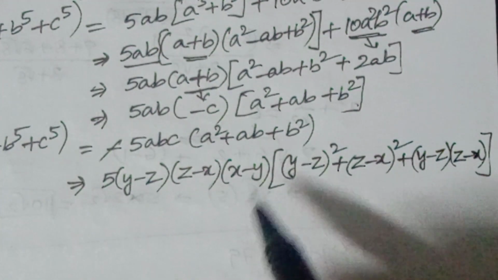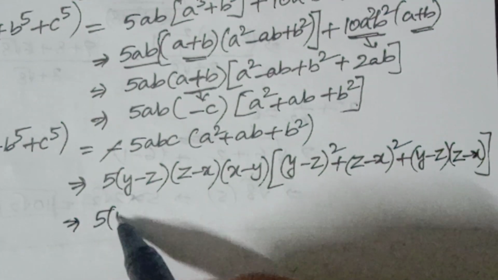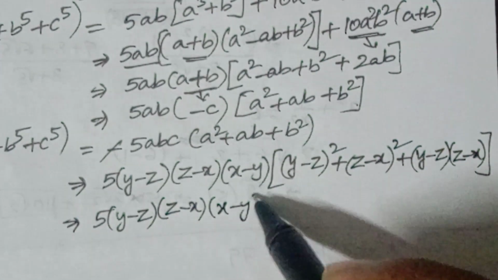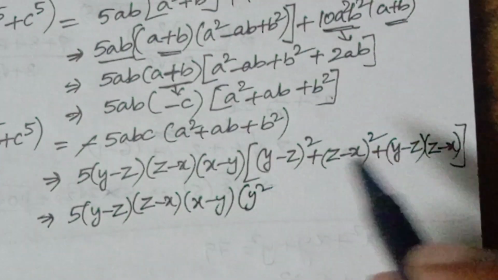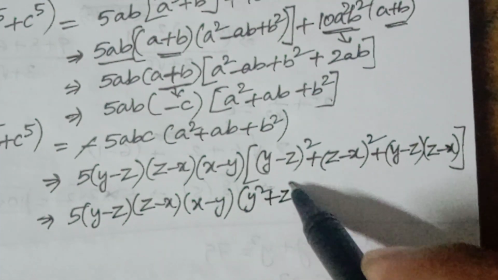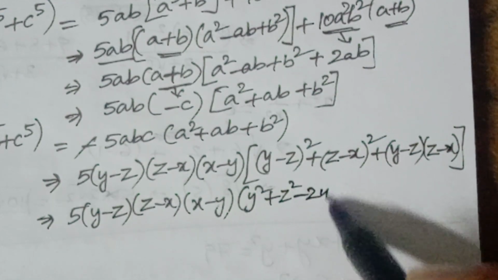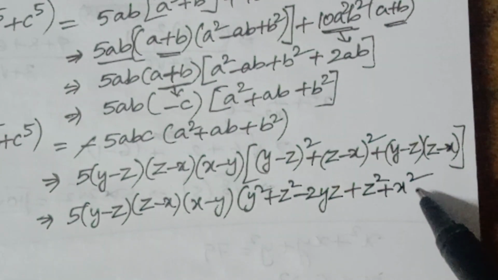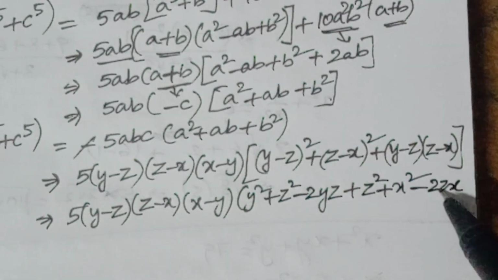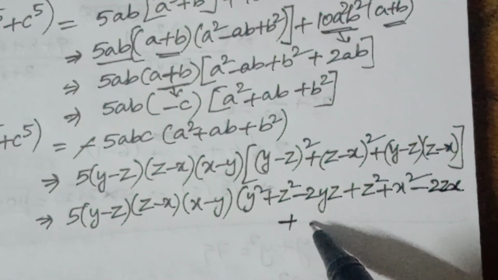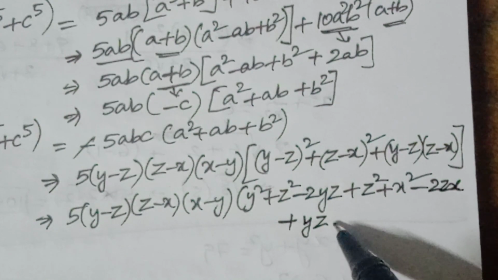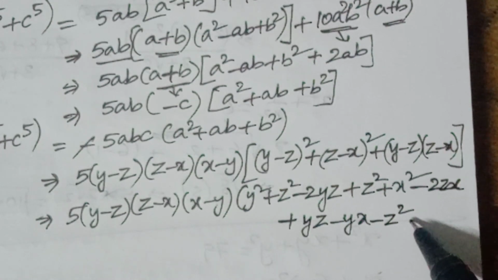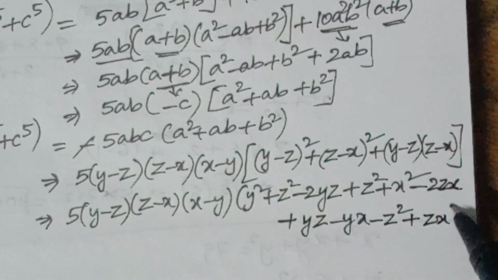Now what will we get here? 5 into (y minus z)(z minus x)(x minus y) into y square plus z square minus 2yz plus z square plus x square minus 2zx plus yz minus yx minus z square, minus into minus plus zx.